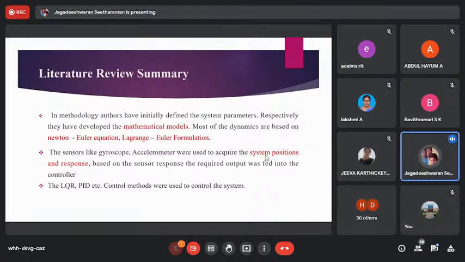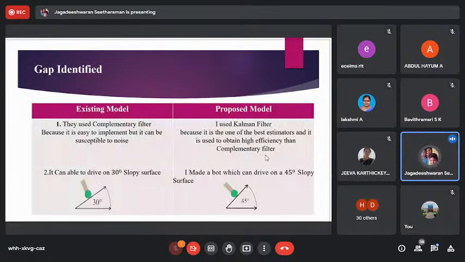Next, let's move on to the next topic. This topic is already familiar to all, but the question is what we did specially. We used the LQR controller because it performs better than the PID, which was previously used. We used the Kalman filter because it gives better efficiency than the complementary filter.